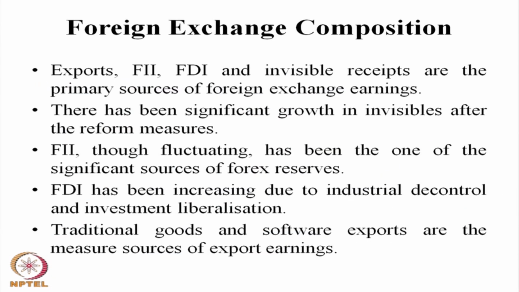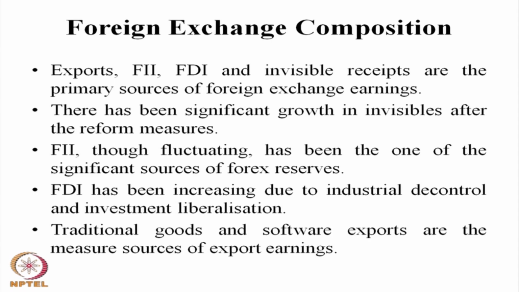Then the question is here, foreign exchange composition. If you see over the years, the composition export, FI, FDI and invisible receipt are the primary sources of foreign exchange earning. There has been significant growth in invisible after the reform measure. If you see the invisible part, invisible contributes significantly to our foreign exchange reserve.